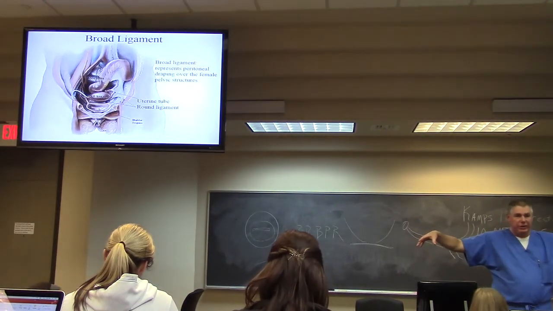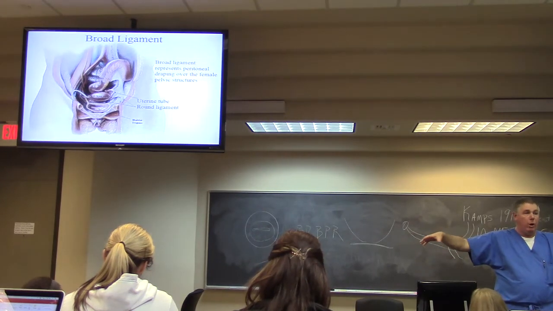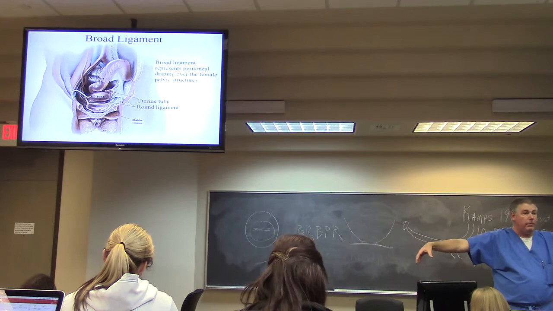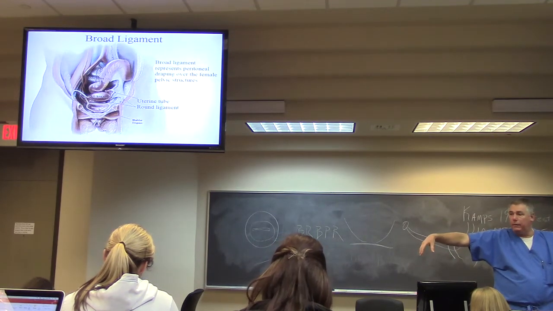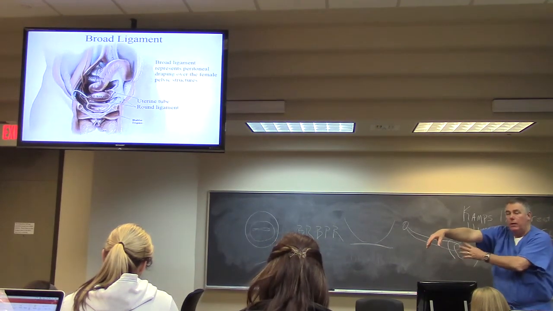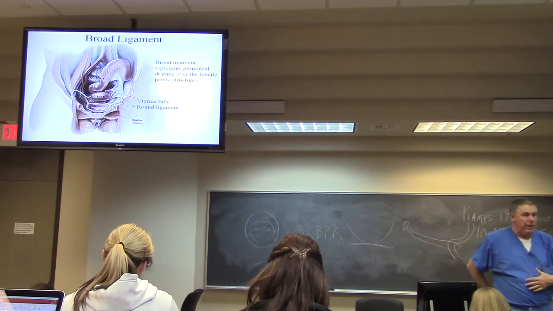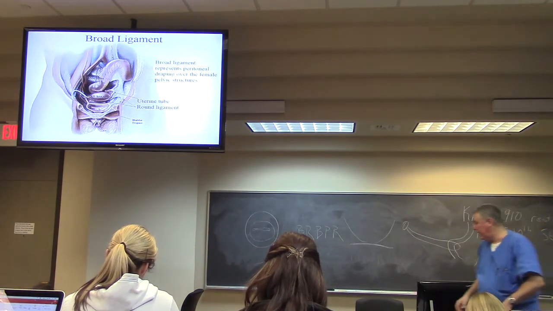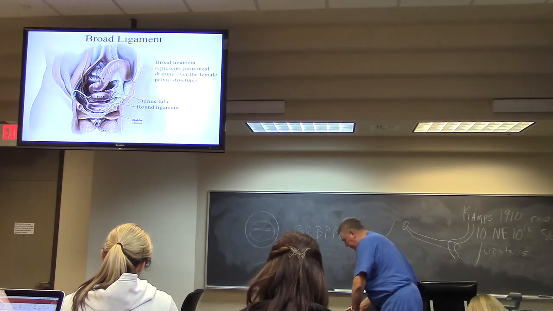If you were to take a sheet and just put over me, front to back, that's the broad ligament. Understand that the sheet wraps around the oviducts and it wraps around me front to back, right? And that's what this next picture illustrates.